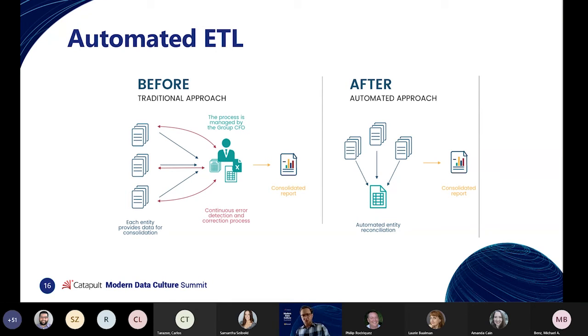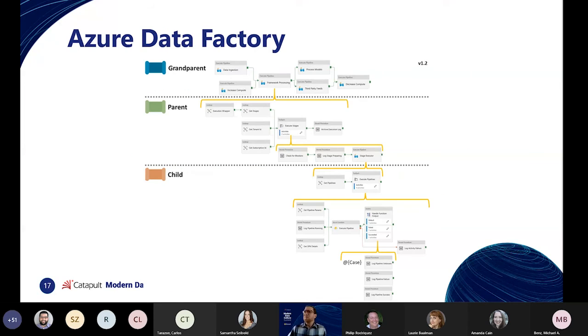Not only are we limiting our risk, but we're also automating these processes so we can focus on bigger and better things like Mike was talking about. So some of those tools we use: Azure Data Factory. If you're familiar with SSIS, a lot of this will look very similar. And again, this is an overly complex image I'm showing here.